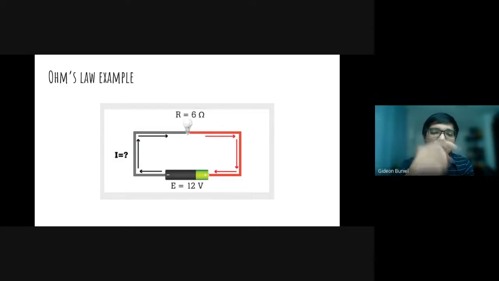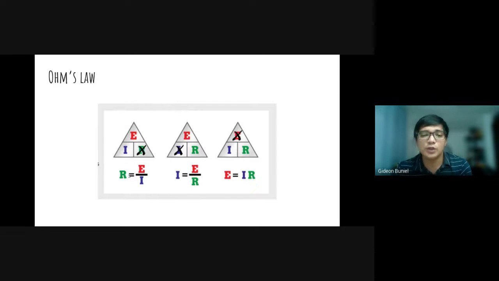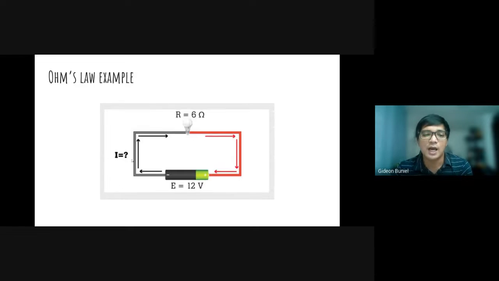If we're looking for the I, we have to use I is equal to E over R. That's I is equal to 12 over 6. Now, 12 over 6 is what? That's 2. So the answer here is 2 amperes.